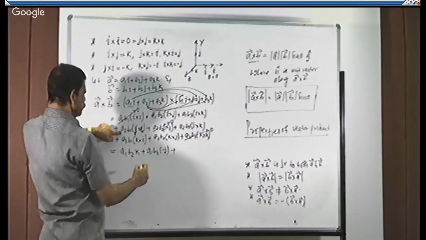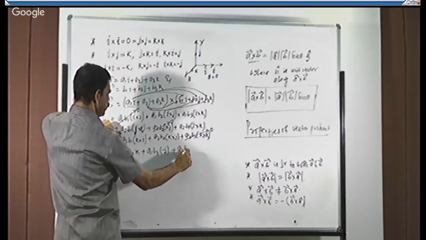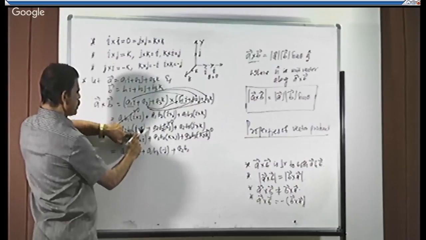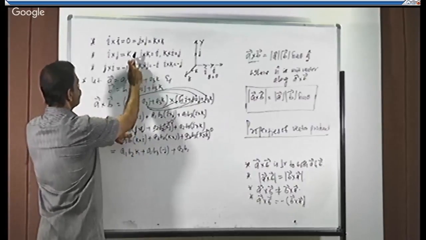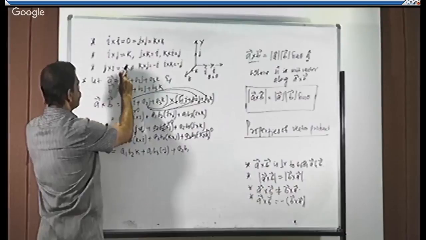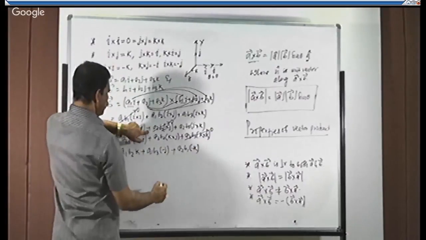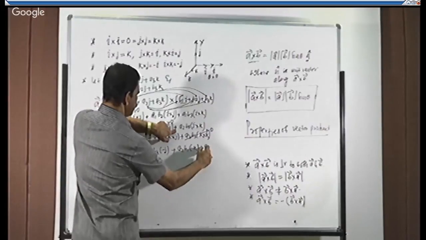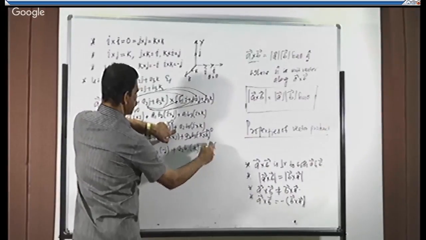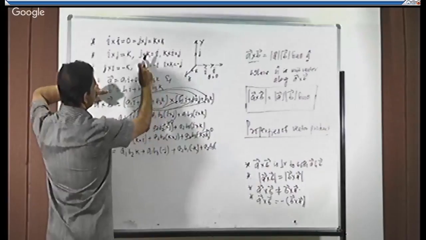plus A2 B1 J cross I. What is J cross I? J cross I is equal to minus K, plus A2 B3 into J cross K. What is J cross K?